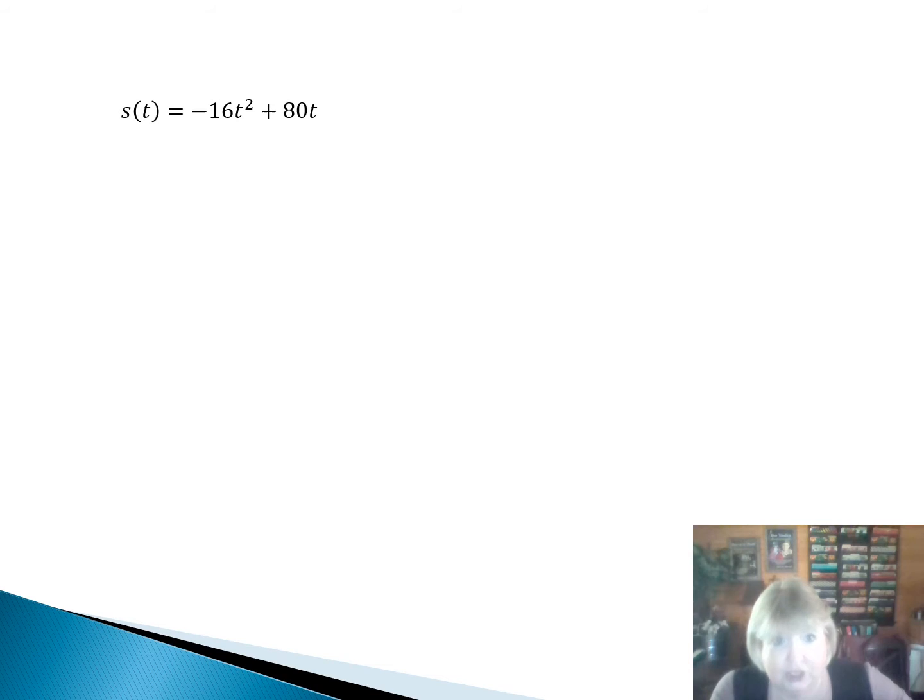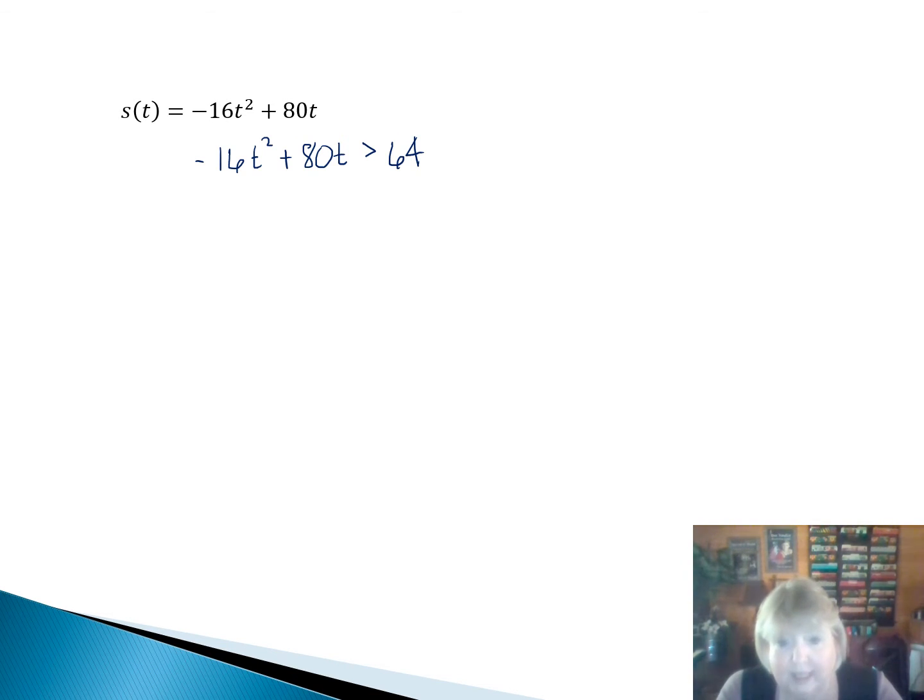Given the function S of t equals negative 16t squared plus 80t, where S of t is the height, my question asks, where is the interval of time, that's t, when the object will be greater than 64 feet above the ground?